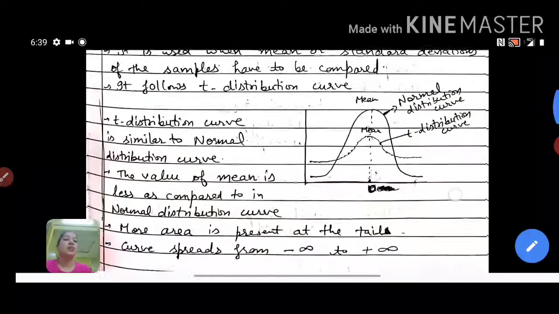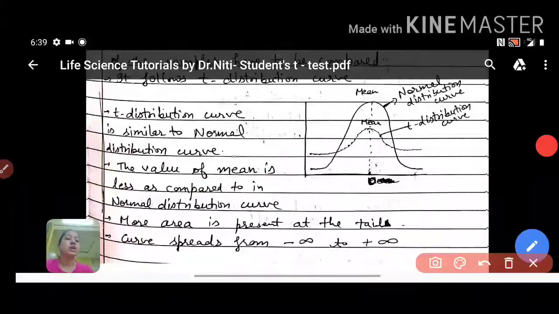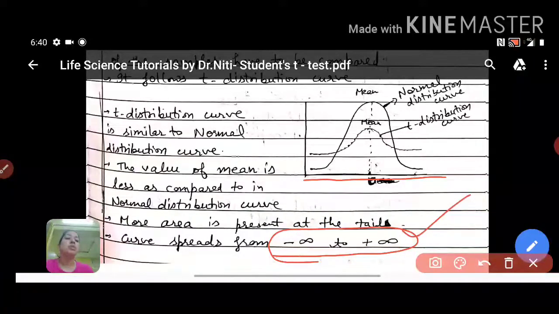And when you see the tails of both curves, they are parallel to the x-axis, so they will never meet at any position. So we can say that the values range from minus infinity to plus infinity in both curves.